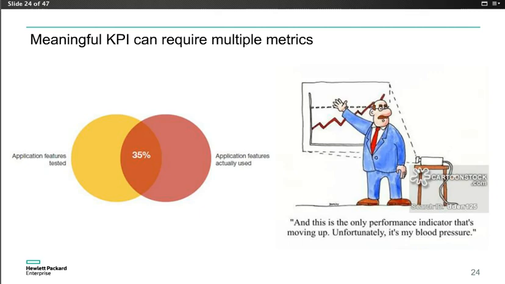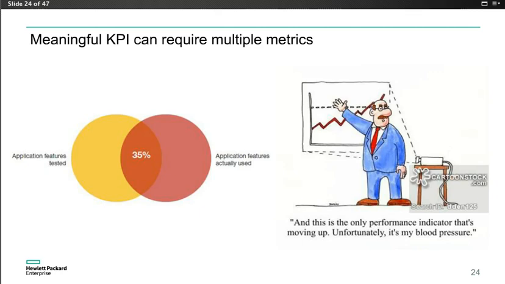For example, on the left side, you can see a typical example of nice features that are tested within, for example, one project. And the results of these tests can show features completely tested with passed results, but you can see that it does not match the same question of which application features are actually used.